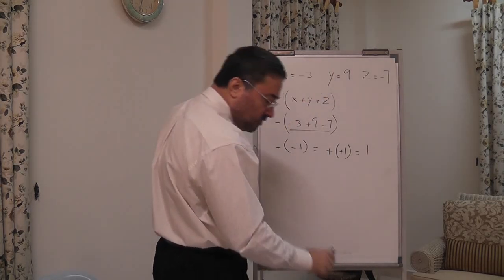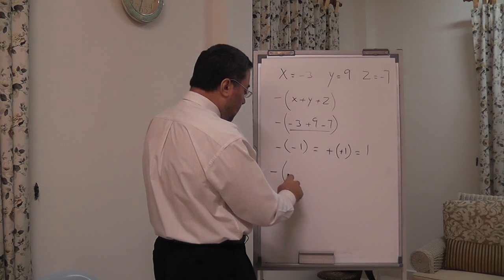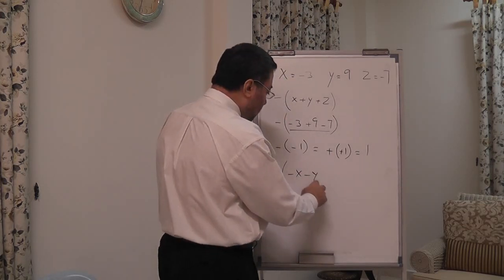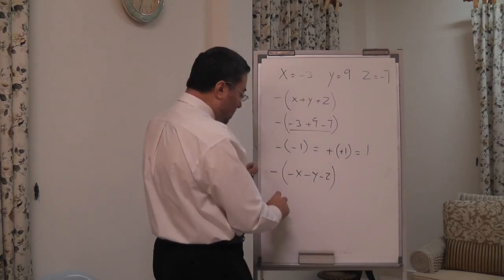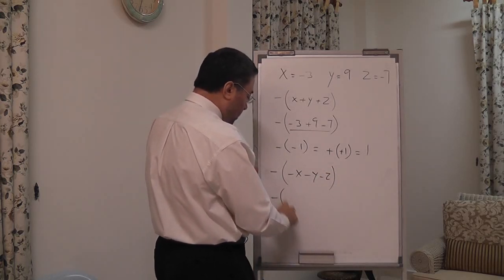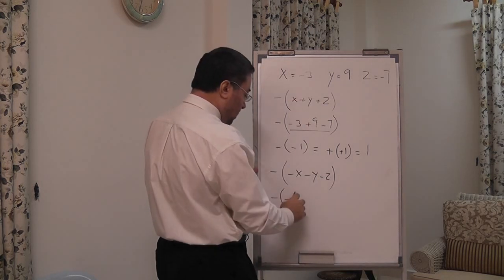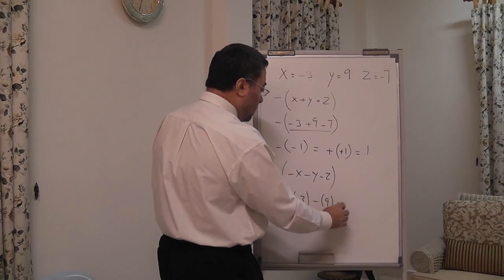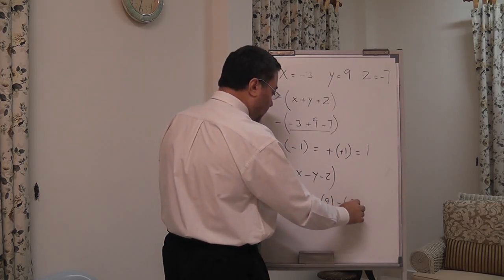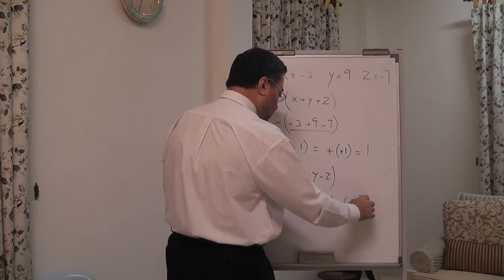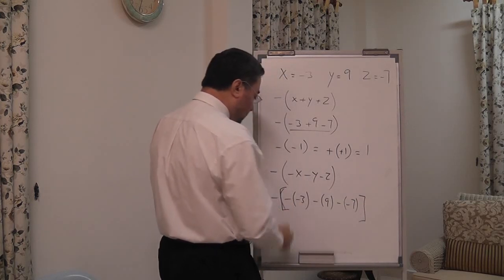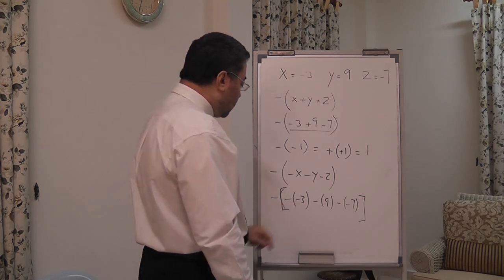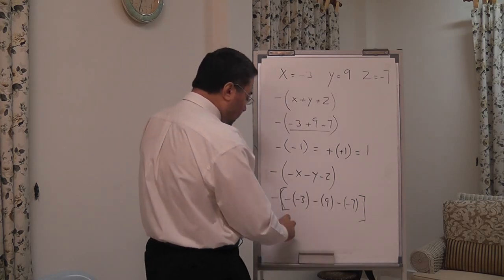Number 65, minus x, minus y, minus z. Here we again replace minus 3, minus 9, minus 7. We close the brackets. We change this to a positive sign, and we change this also to a positive sign, the opposite of minus 3.